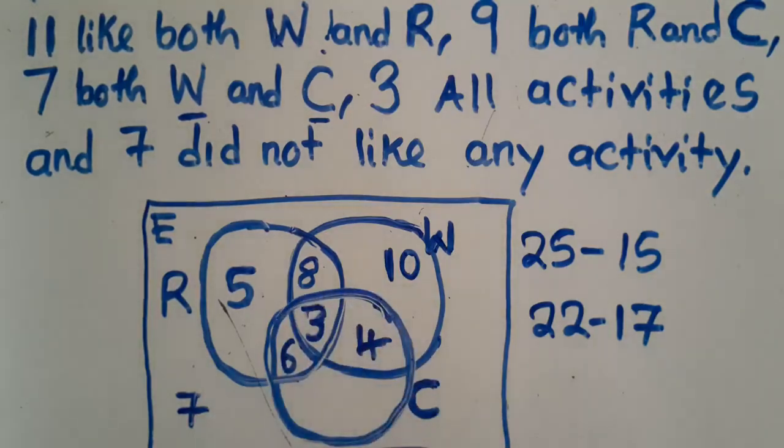So you say, what is 6 plus 4? 10. Plus 3, 13. Then we've got 15. 15 minus 13, you get a 2. You put a 2 there. So with this now, you are done.